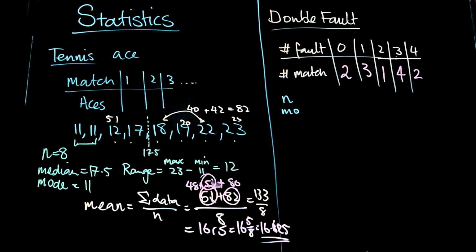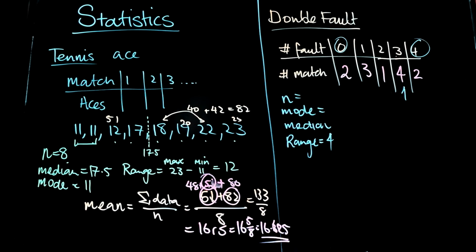There are some things you can do now to help yourself summarize the stats. So let's do the easy ones, and we've got the range. The range is probably the easiest one. We've got 4 subtract 0, so the range is 4. The mode is probably the next easiest thing to grab, because on 4 occasions, on 4 matches, 3 double faults occurred.